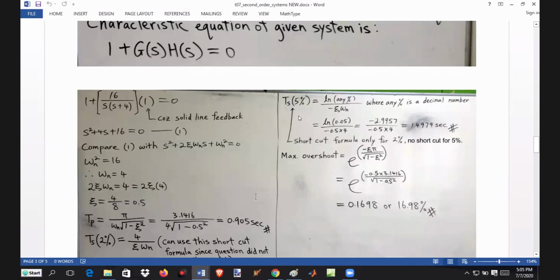Just how I derived the log, any percent actually comes from the error here, e to a power of something. But usually you don't want to waste time taking log on both sides. It takes too long to do.